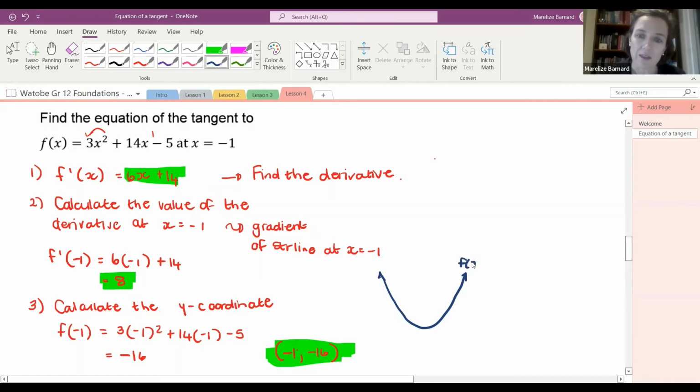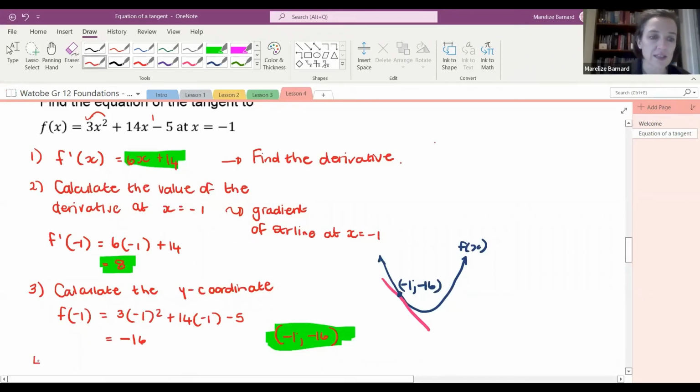That's our f of x, and at this point, minus 1, negative 16, there's a straight line touching the parabola. And that pink line is basically the line that we are trying to find the equation of, going through this whole process.